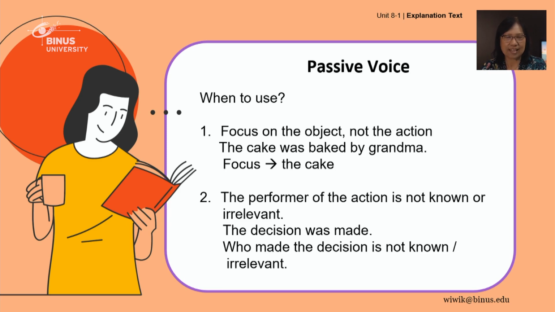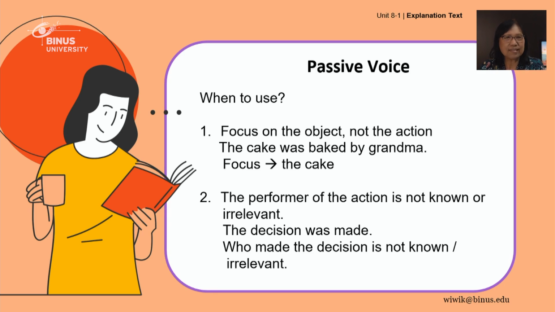So the object is the most important one. For example, the cake was baked by grandma. So if the sentence is like this, it means the cake is the most important thing in the sentence. The object is more important than another part of the sentence. So the focus is the cake.